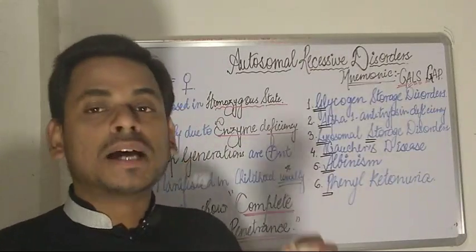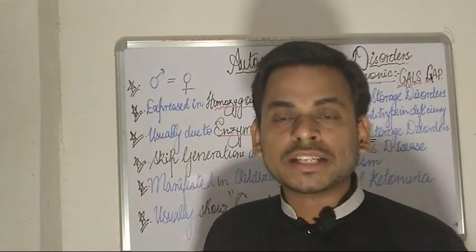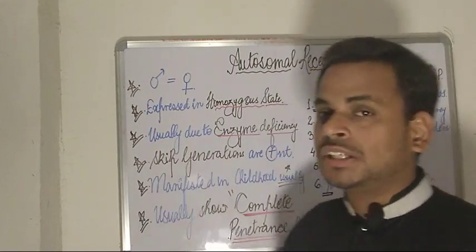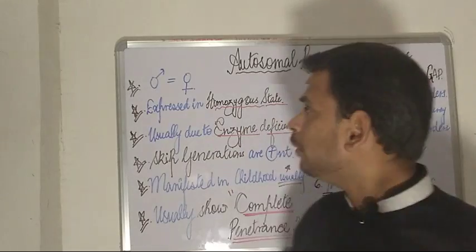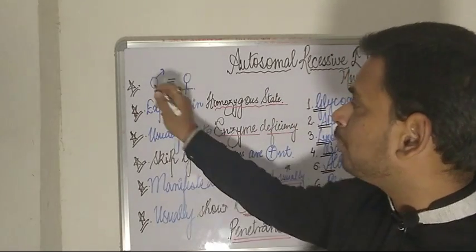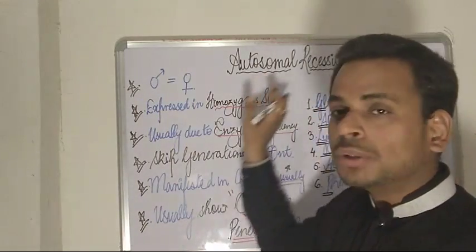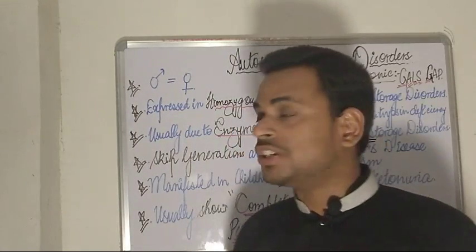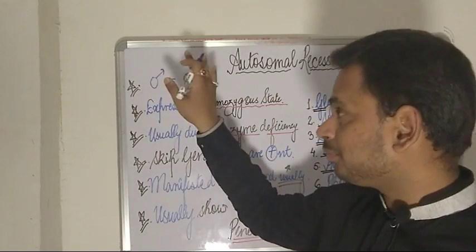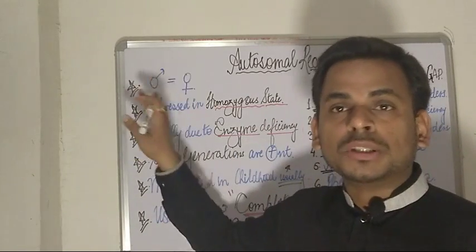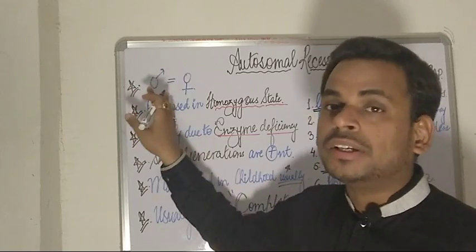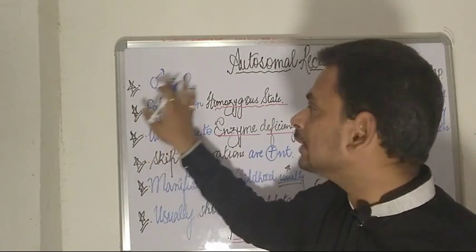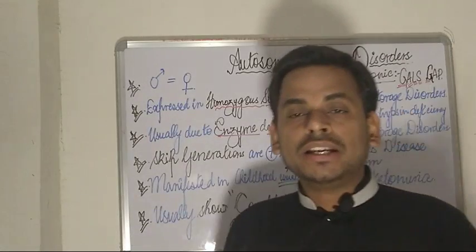So students, beginning with the characteristic distinguishing features of the autosomal recessive disorders. The first and foremost distinguishing feature is the predilection. It has been found that autosomal recessive disorders are manifested equally in males and females.